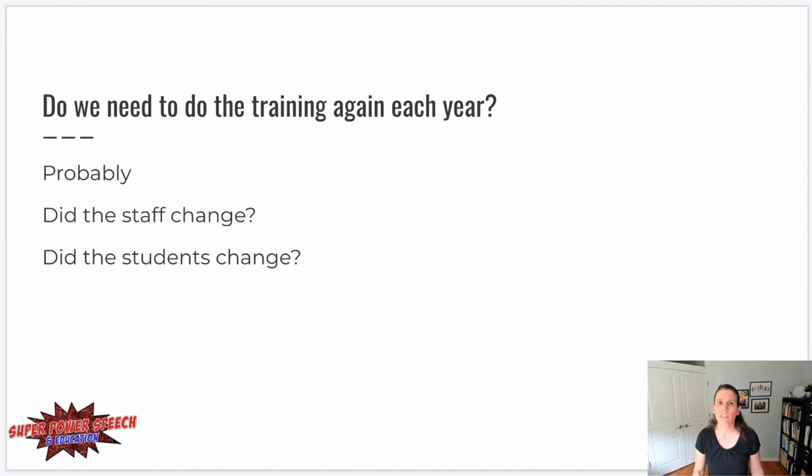It doesn't have to be the exact same presentation, but you want to make sure that the main people interacting with our AAC user are familiar with what it is, how it works, and why it's awesome. Right? So you need to be thinking of all those things. Now, in some classrooms, I understand the kids don't change and the teachers don't change, then maybe you don't need to go through this whole thing again, as long as it's definitely become part of the habit and routine for the classroom.